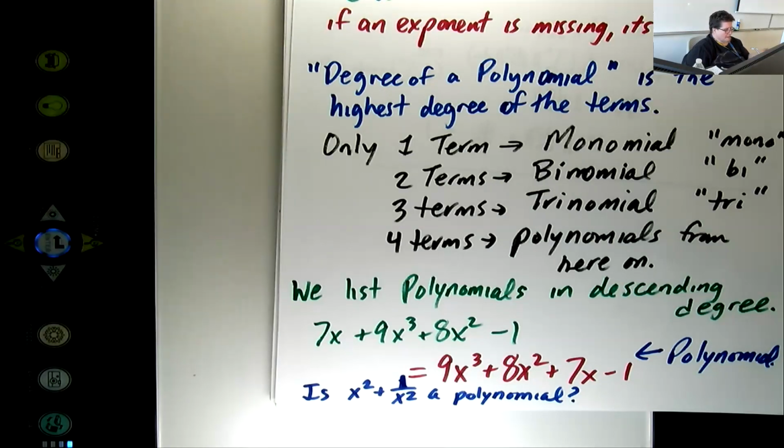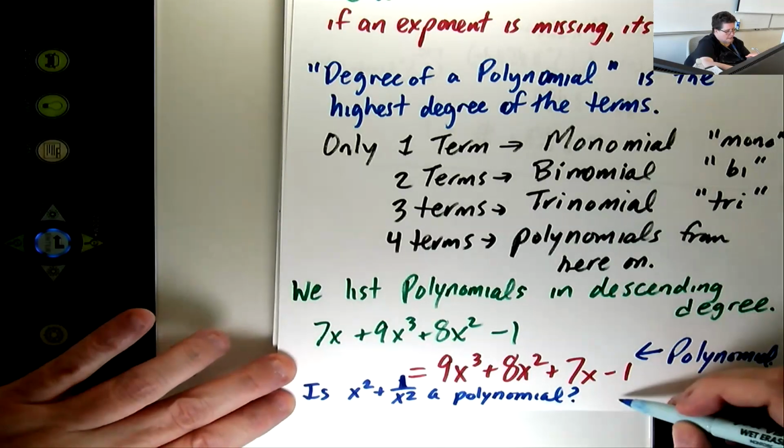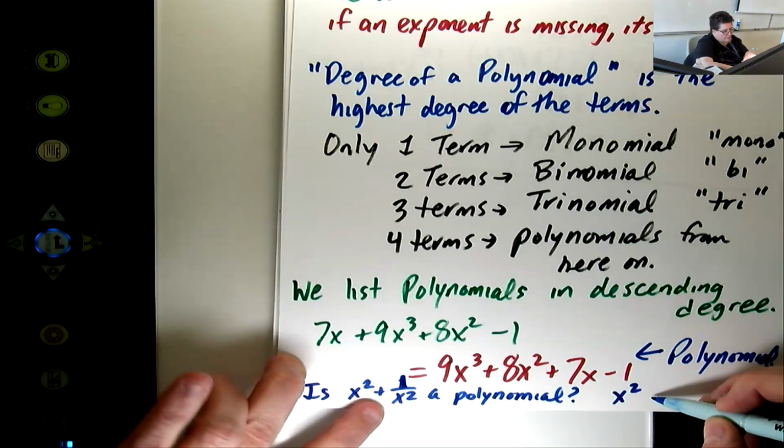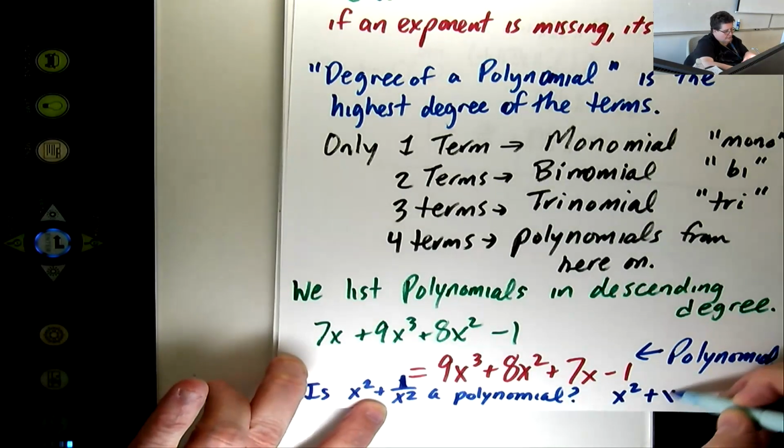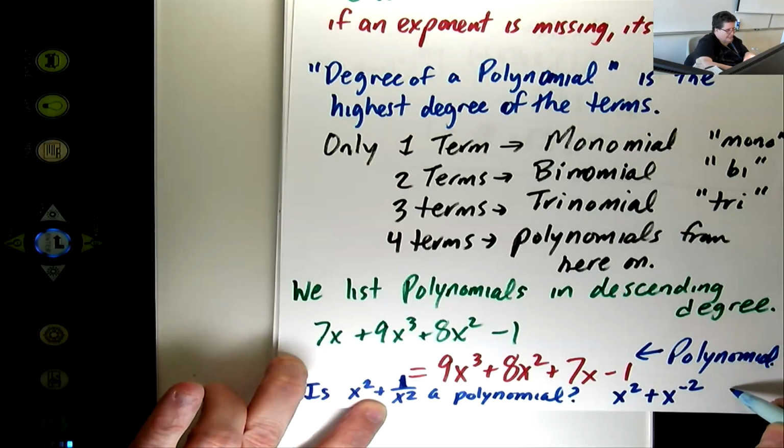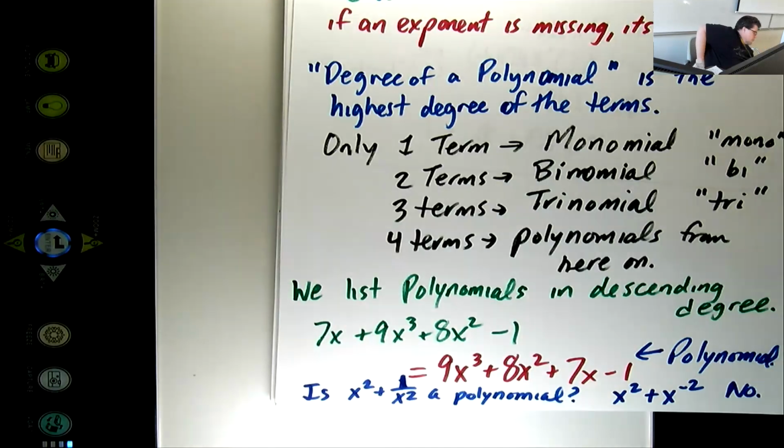The appropriate way to write this is moving that up to the numerator as x to the negative 2. It's got a negative exponent, so no, it's not a polynomial. It was a dirty trick. And with that, if you are done writing and you have no questions, you are free to go.